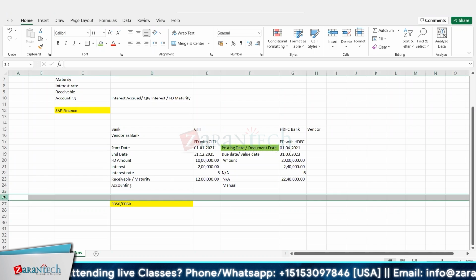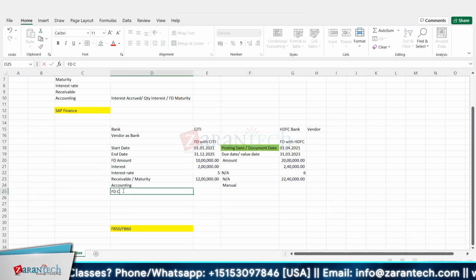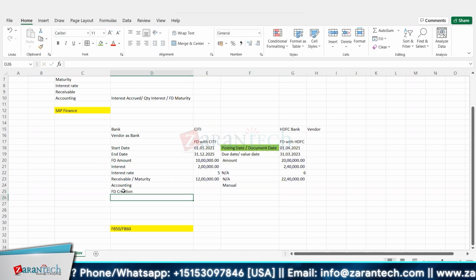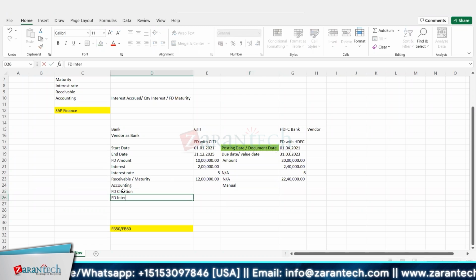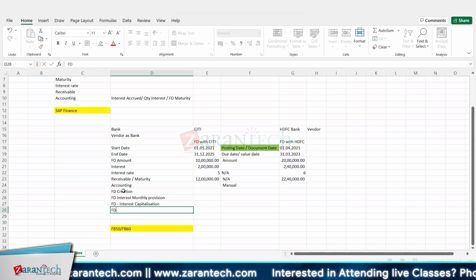Already we have: FD creation, FD interest monthly provision, then FD interest capitalization, which we get at the quarter end, and FD maturity.